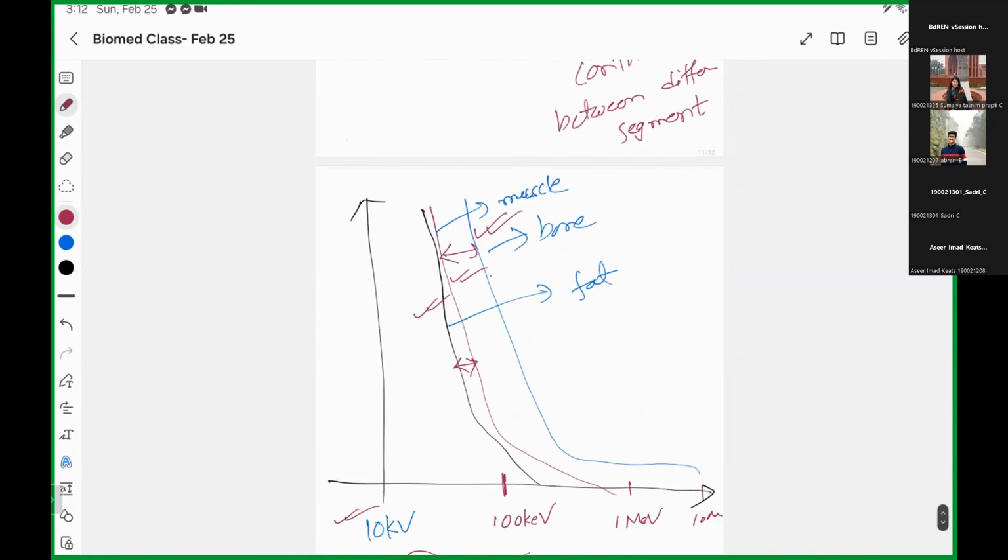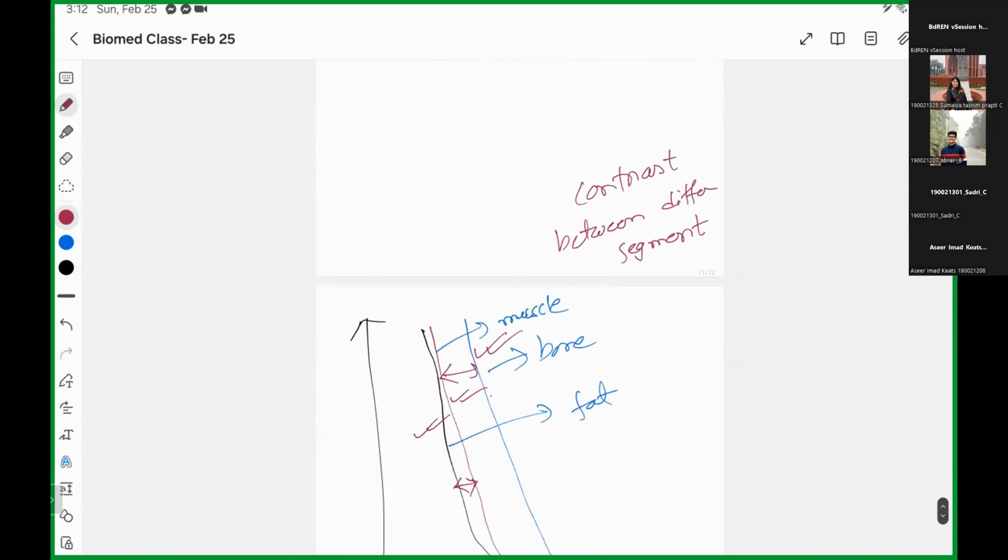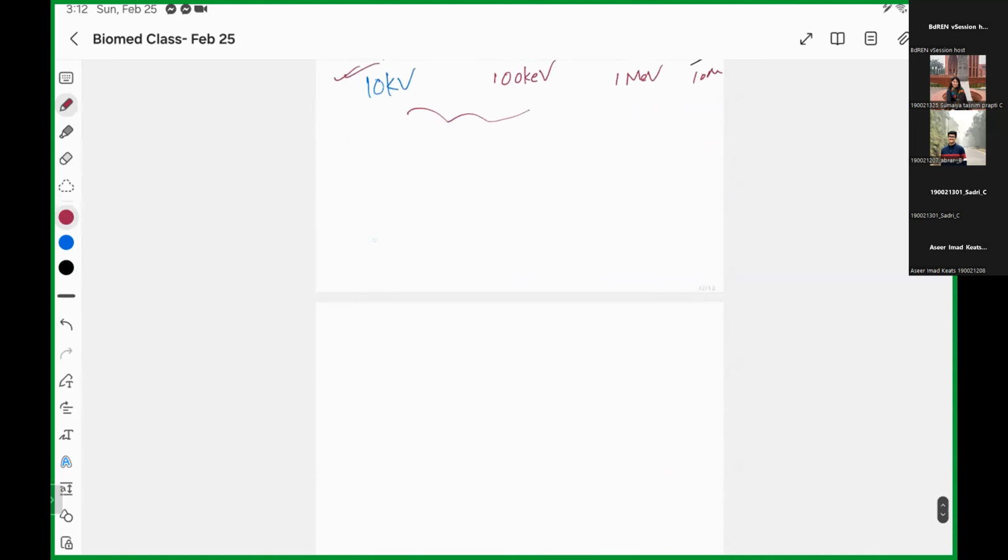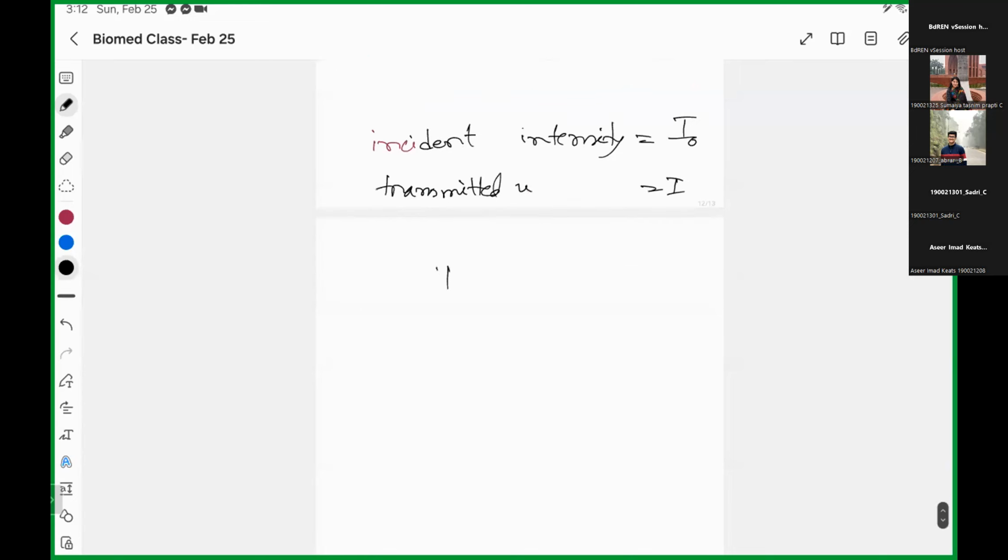So if I put it in a mathematical context, we have the incident intensity of the X-ray image as I naught, and the transmitted intensity equals I. So I equals I naught e to the power minus alpha times X. This alpha is your absorption coefficient, and X is the thickness of whatever object you are trying to pass through.